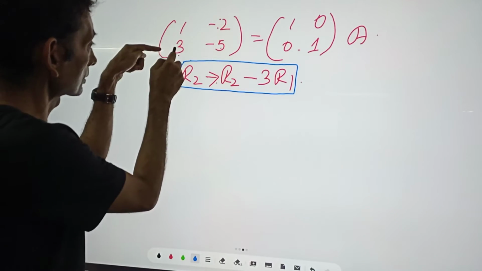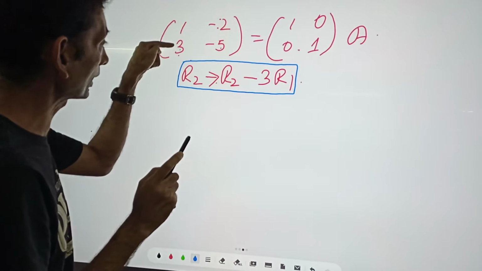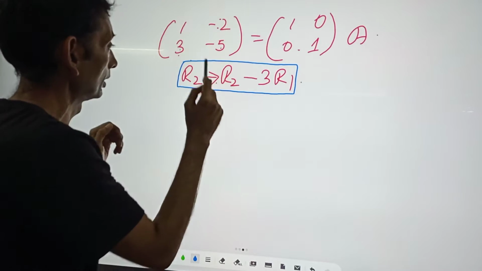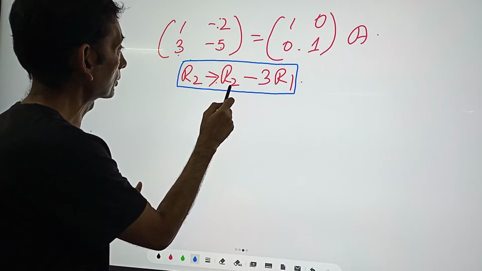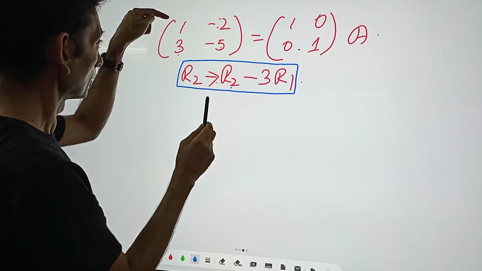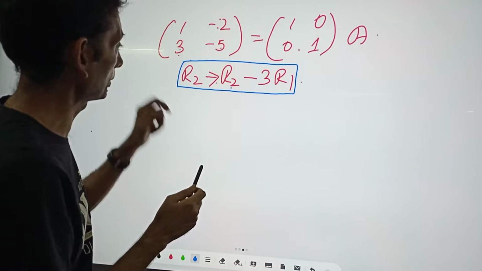First we'll make this number 0, and obviously we can make this 0 with the help of row 1. So the operation is that row 2 changes to R2 minus 3 R1, where we multiply the first row by 3. So this number 3 will definitely become 0.